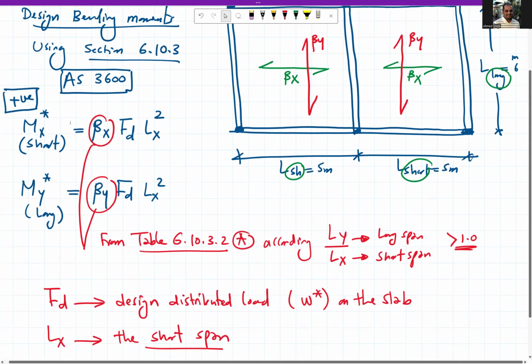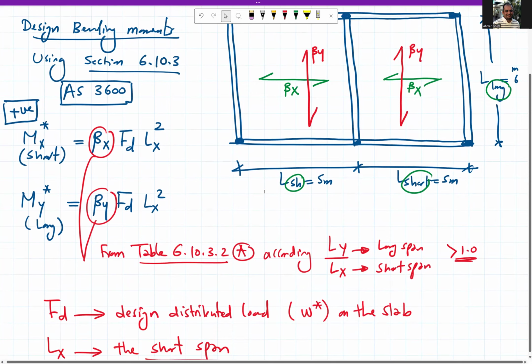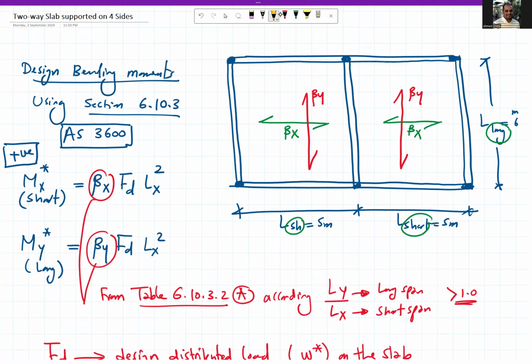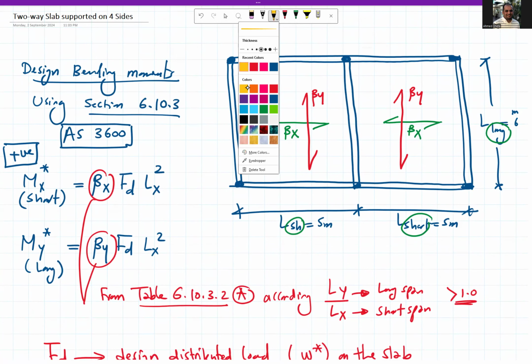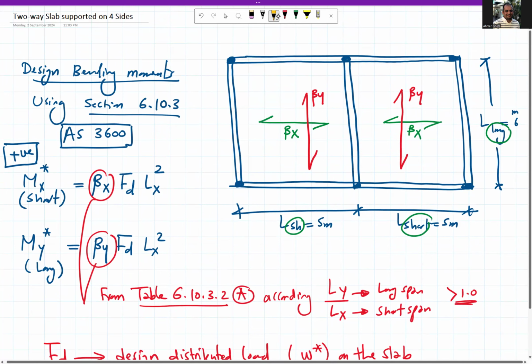Okay, so to know the moments Mx* and My*, we need beta x, beta y, Fd and Lx. Then, how is this moment calculated? This moment is calculated based on a 1 meter strip width of the slab in the short direction.